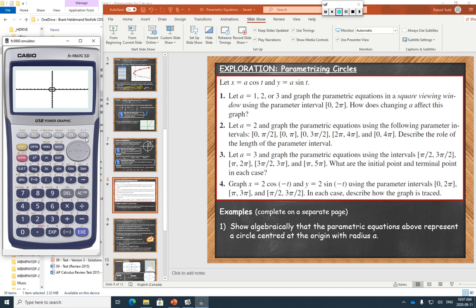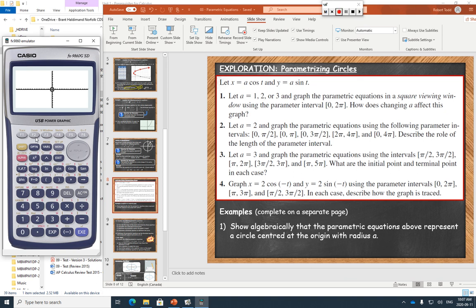When I hit draw, do you get this little picture like this, something like that? The problem is it's not a square viewing window. It's been stretched, and so it looks like a little oval. So, hit zoom, and there's one on the second screen that says square. Can you see the little SQR there for square? It'll give you a nice square viewing window. Now, you see how it's really small there? Maybe yours is perfect size.